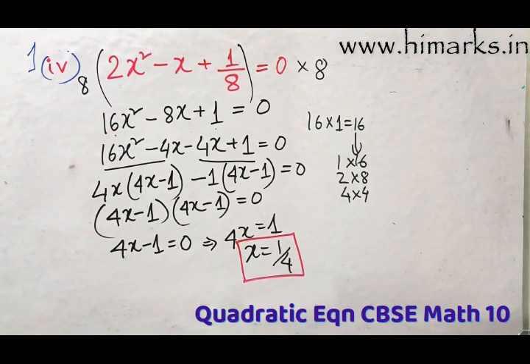Okay, so this is a little difficult. But the first step is that you multiply all the terms by some constant number so that the fraction goes away. Once the fraction goes away, all become integers. Now you follow the middle factor method.